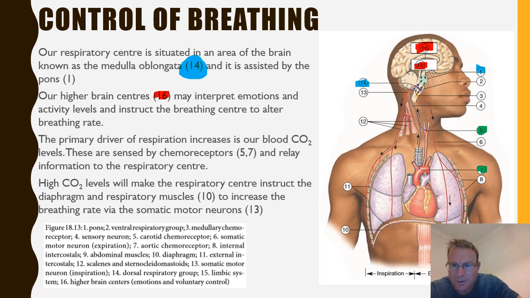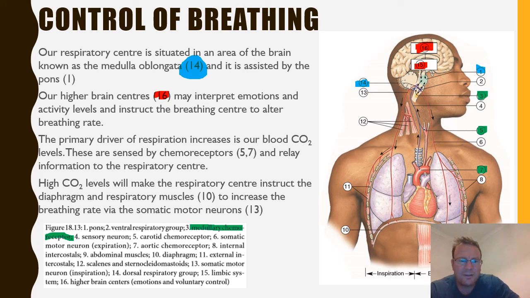These ones are very much about oxygen and pH. So I want you to tell me which chemoreceptor was responsible for monitoring carbon dioxide. It's going to be this one, the medullary chemoreceptor, number 3. This is going to monitor carbon dioxide.